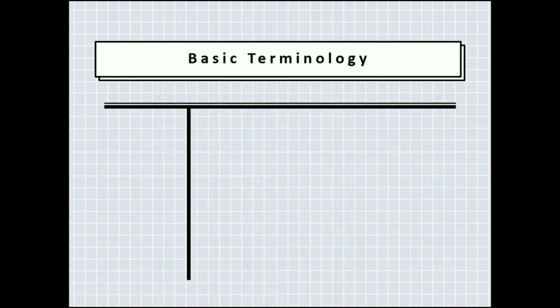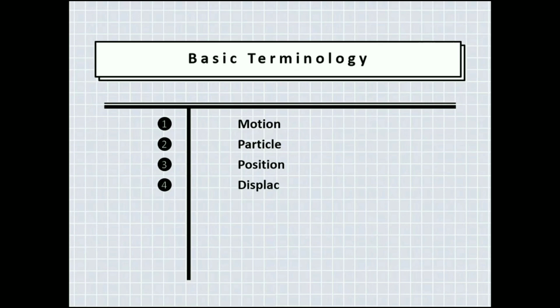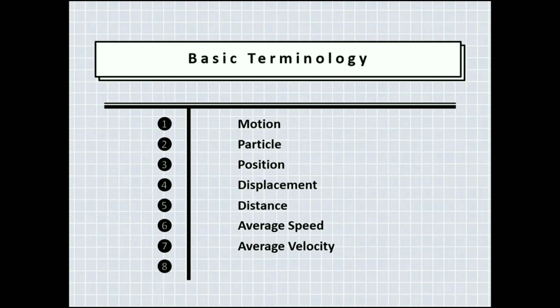And here are the basic terminologies we have to learn before going into the types of motion. First, motion, particles, position, displacement, distance, average speed, average velocity, and acceleration.